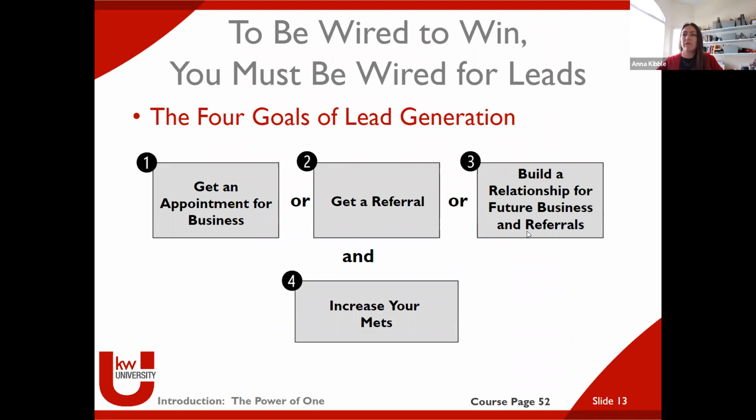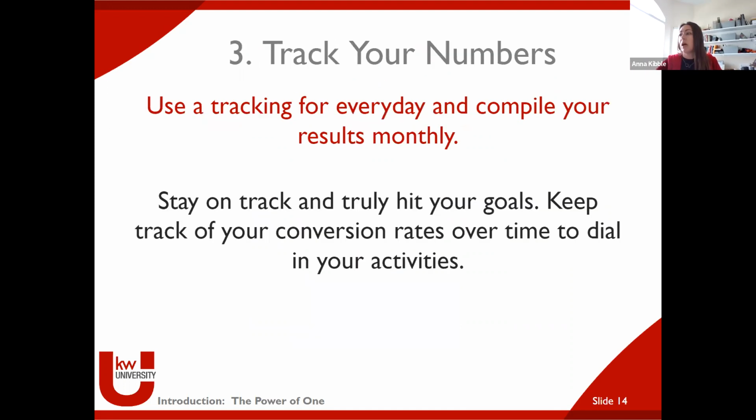Remember the 4 goals of lead generation. It's to get an appointment or to get a referral or to build that relationship or to build your database, because you've got a strong foundation with your 8x8 and 36 touch program that are going to be converting those people who get into your database, right? So there we go.